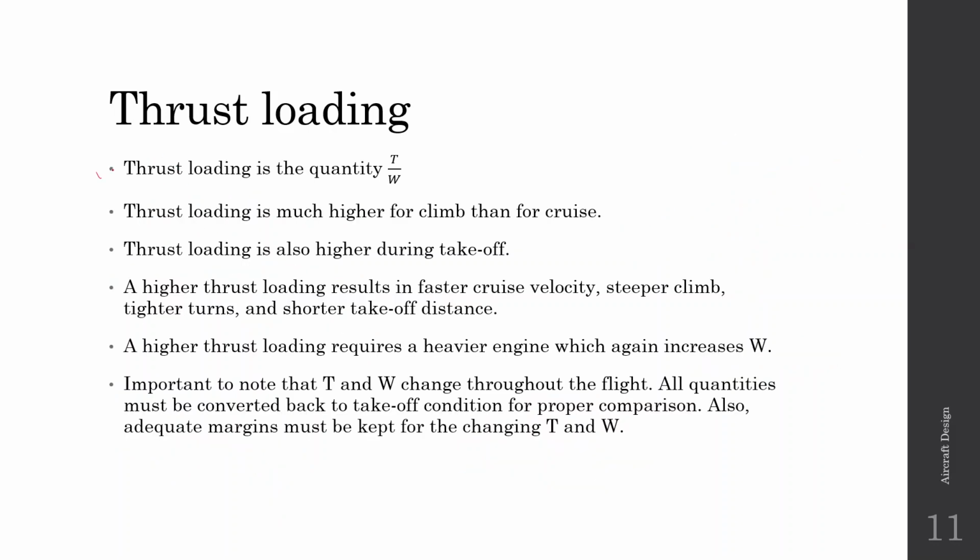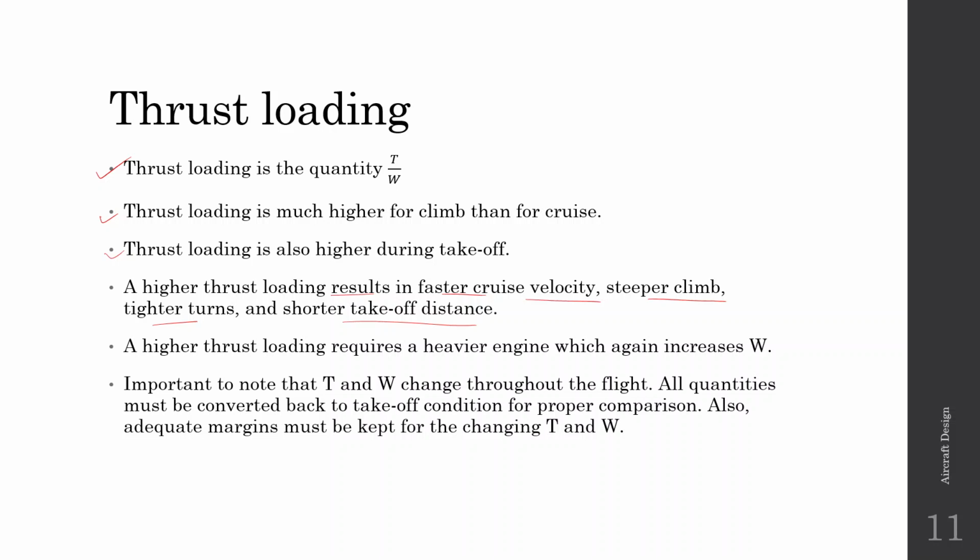So thrust loading is the quantity T by W, and thrust loading is much higher for climb than for cruise, and it is also higher during takeoff. Higher thrust loading results in faster cruise velocity, steeper climb, tighter turns, and shorter takeoff distance.